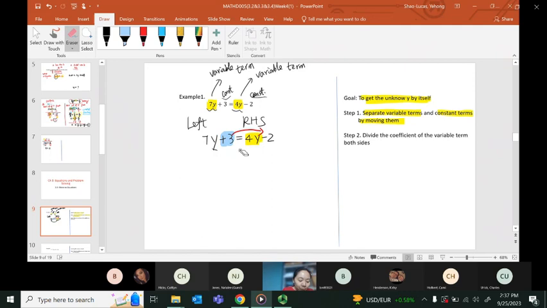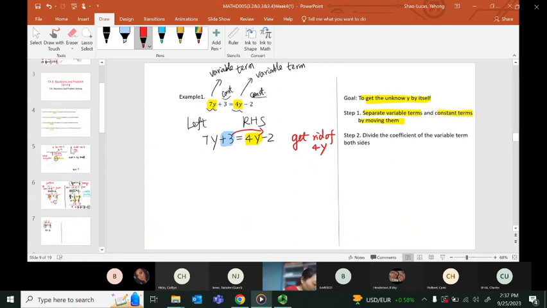See, when you move 4y to the left, it's literally like getting rid of 4y on the right-hand side. And remember, this is going to be the same as what we did before. If you want to get rid of something, always do opposite operations. Previously we always got rid of a number.